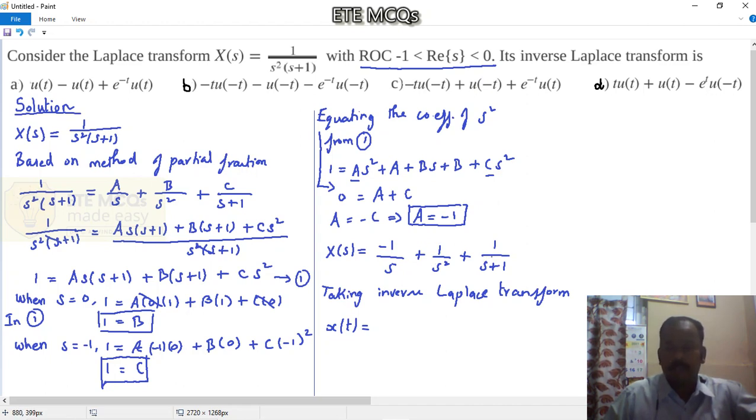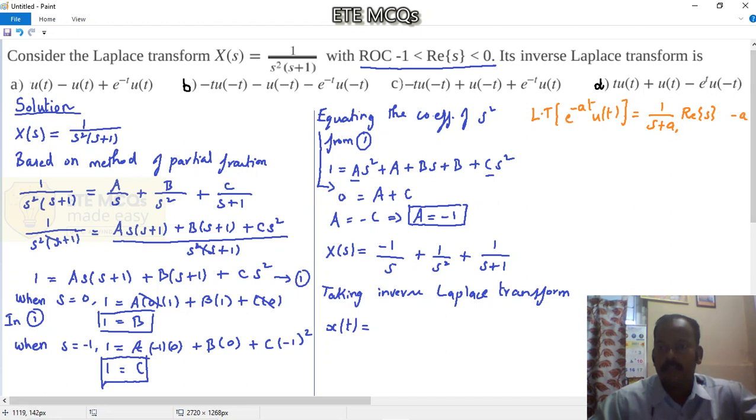So from the formula, I am just writing it based on the formula. We have the Laplace transform of e power minus at into u of t is equal to 1 by S plus a, and the respective ROC is real part of S greater than minus a, since the pole is minus a.